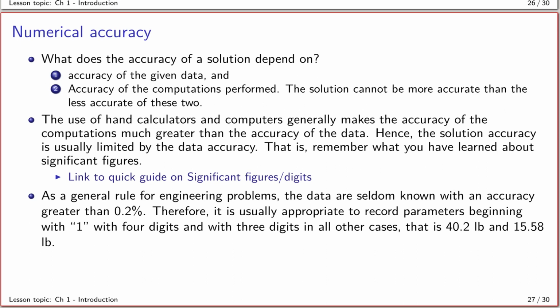And what we're going to do is we're going to say that if we have numbers that begin with 1, then we can go up to 4 digits in significant digit number, while if it is not beginning with 1, we can stick with 3 digits. So for example, 40.2 is 3 digits, while this one begins with a 1, 15.58, so we use 4 digits. Okay. So this is a rule you can follow, and as you go along, you'll become more comfortable with it.